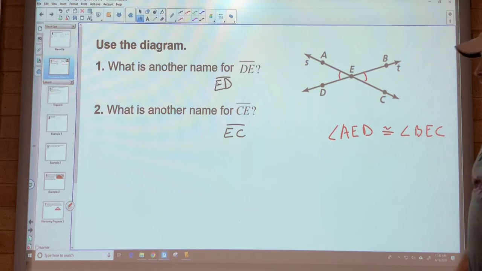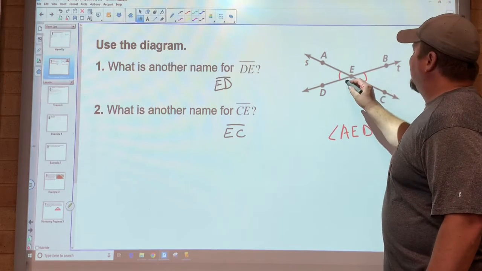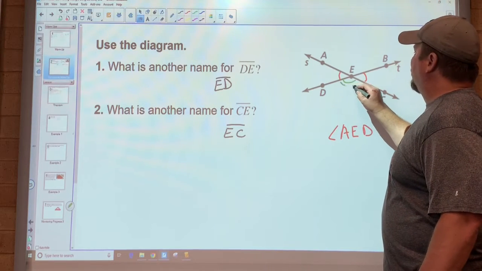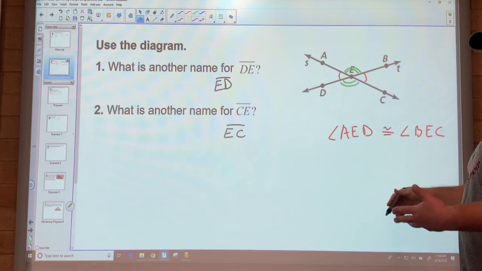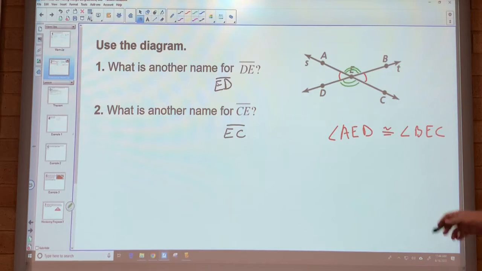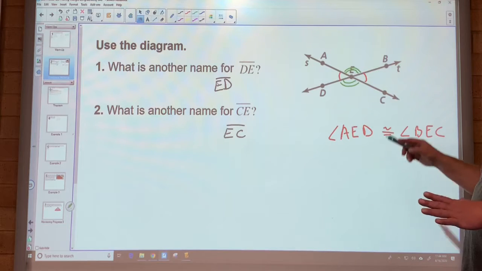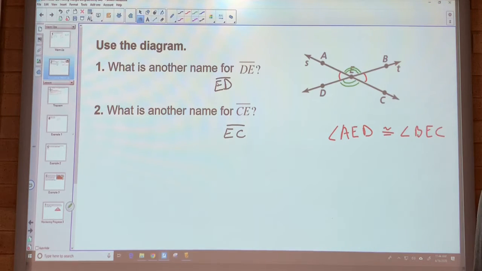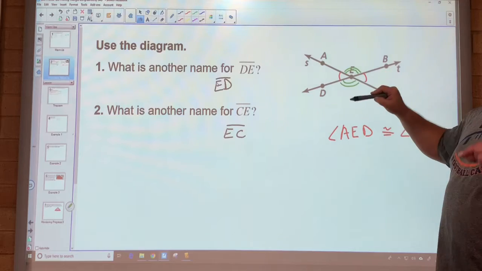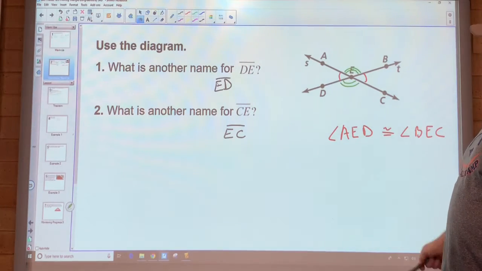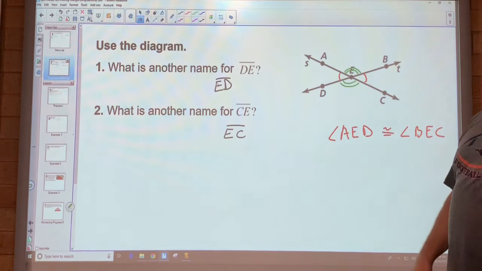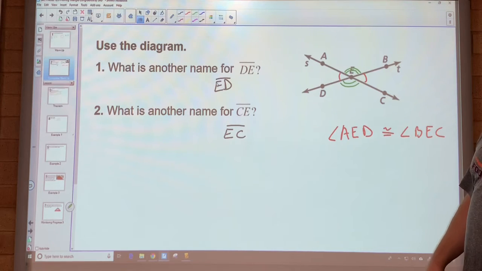Those aren't the only two, because also this angle right here, and I'm going to put 2 marks on it, is congruent to this angle up here. I could say the letters too, but that's how you name an angle when there are multiple angles at point E. When you have multiple angles at one spot, you have to use 3 letters, and the middle letter has to be the vertex.